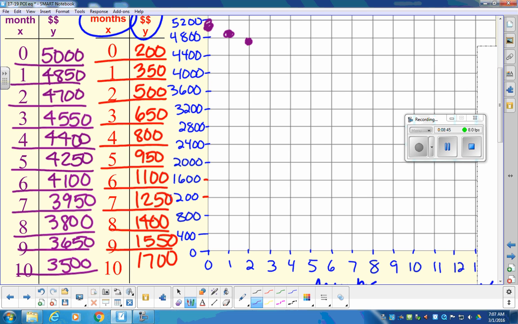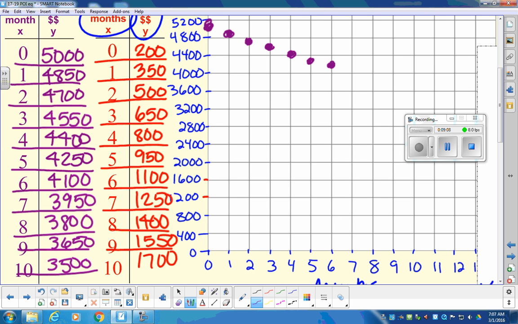At month 3, it's a little bit of a guessing game, so sometimes it's kind of hard to be perfect with it. At month 4, we have $4,400. At month 5, we have $4,250. At month 6, we have $4,100.